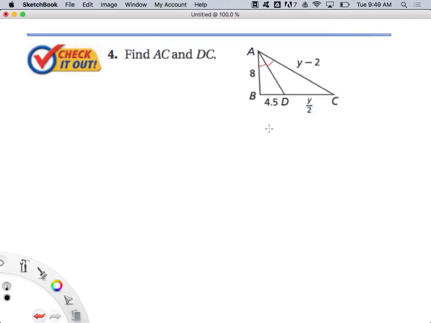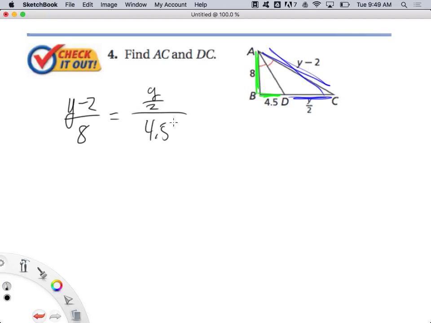Okay, so this is the green and the green and the blue and the blue. So green over blue equals green over blue, or blue over green equals blue over green. So y minus 2 over 8 equals y over 2 divided by 4.5.